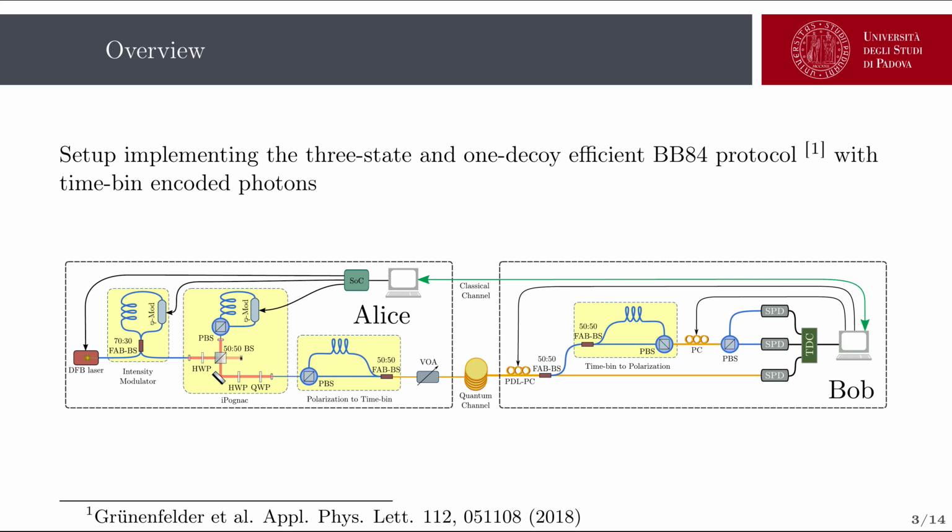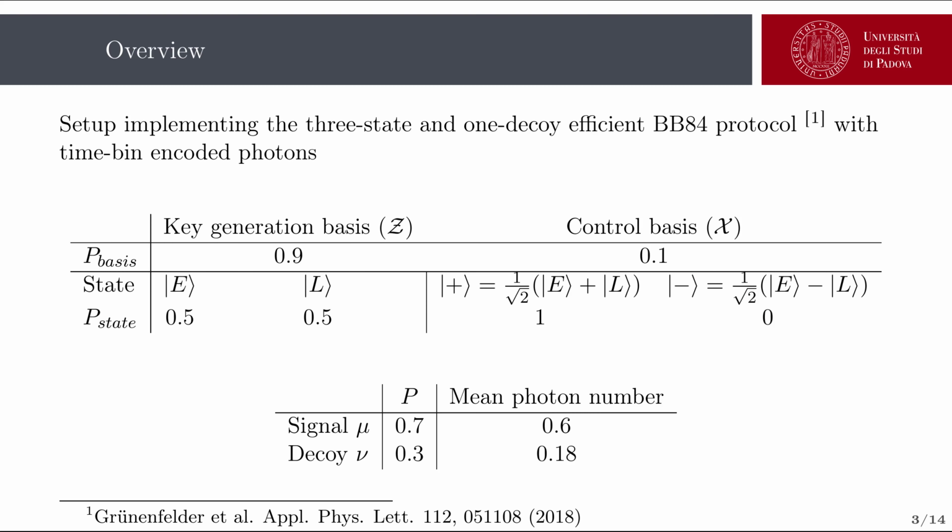Everything is made of commercial fiber components and some free space elements. The system implements the 3-states 1-decoy efficient BB84 protocol. In this protocol, the key basis is chosen 90% of the time, and the two states are randomly chosen with equal probability.